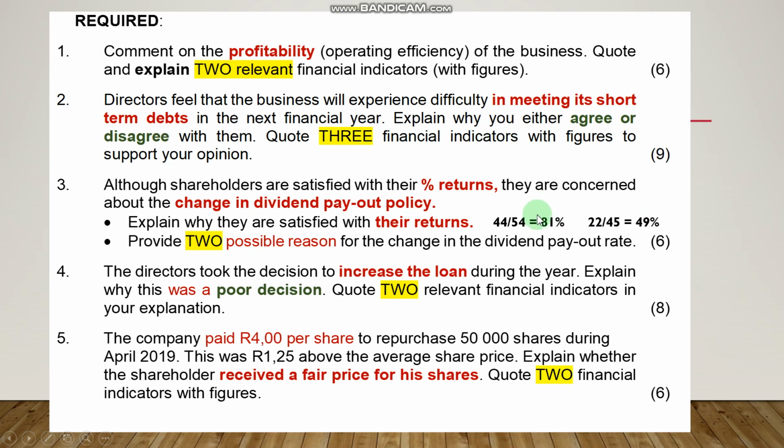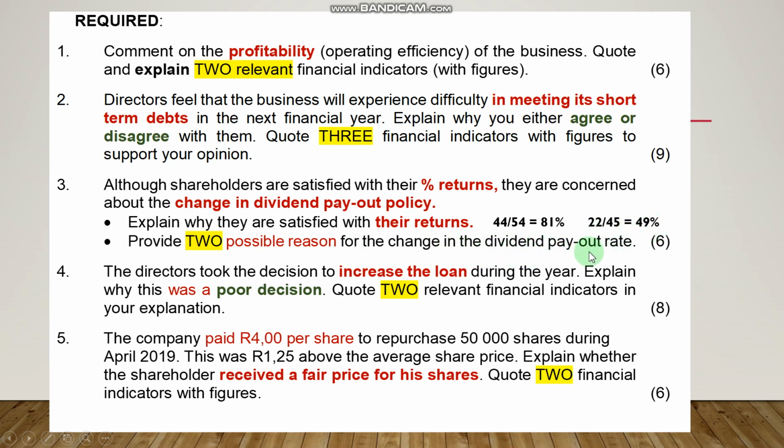The difference that they do not give out as dividends is the portion that is retained by the business. So here the business did not retain much, but in the current financial year they retained 51%. And then there would be many possible reasons as to why the directors have decided to retain.